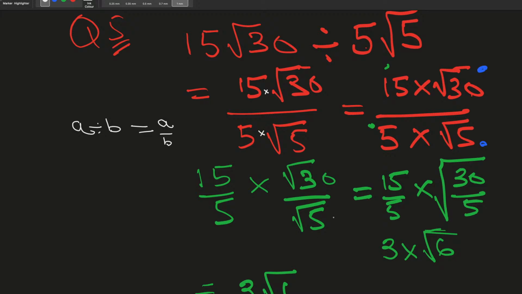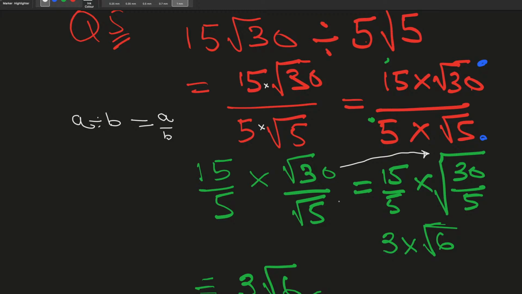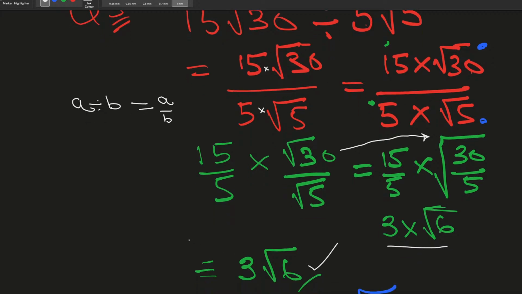We can write it this way because of the principle of surds. So this 30 over 5, all square roots, 30 divided by 5 gives us 6. So still root 6. Then when we multiply 3 by root 6, we had 3 root 6.